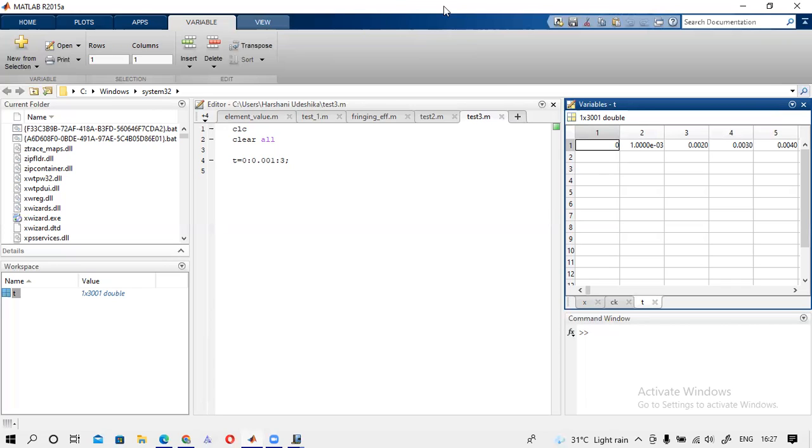Just type DOC. No need to type the whole word. Just tell me these values are discrete or continuous. D or C, just tell me.